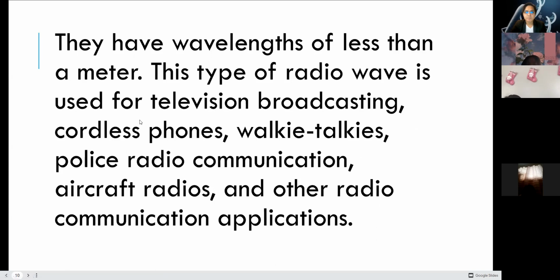They have wavelength less than a meter. This type of radio wave is used for television broadcasting, cordless phones, walkie-talkies, police radio communication, aircraft radios, and other radio communication applications. Have you seen how a walkie-talkie works?